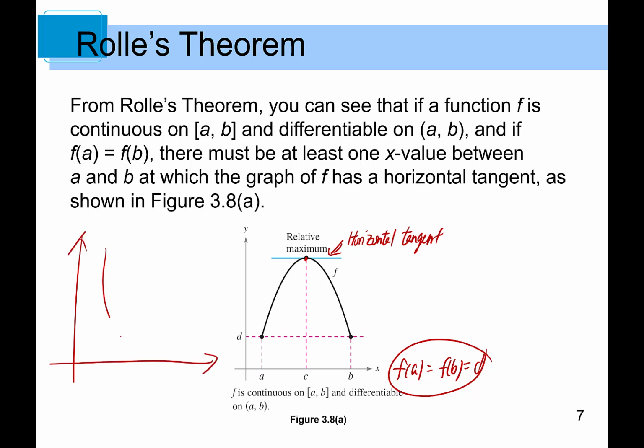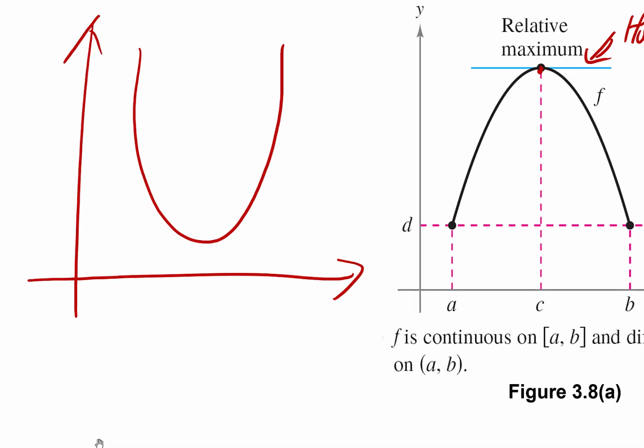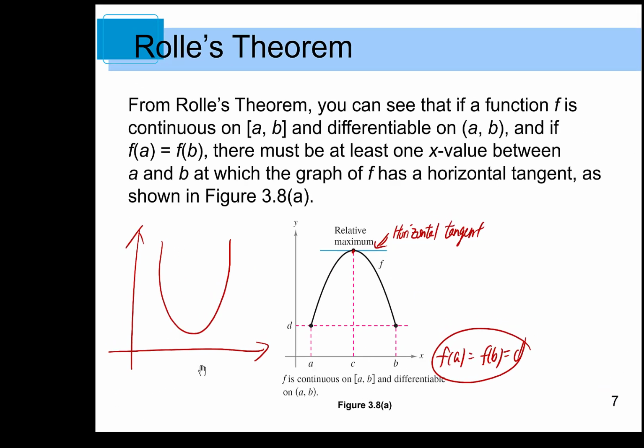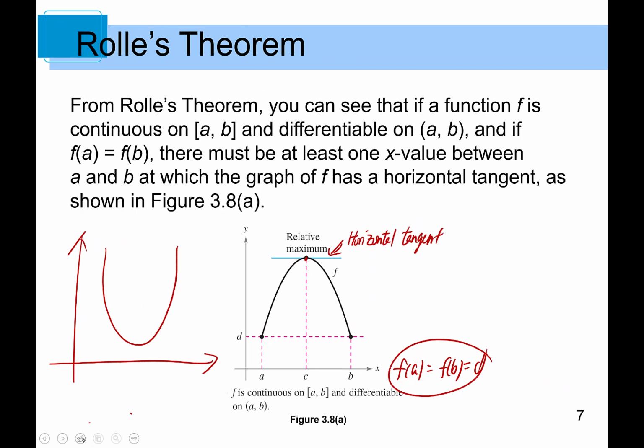If it's concave upward, let's say this is a and that's b. Here f(a) and f(b) are both equal to d.